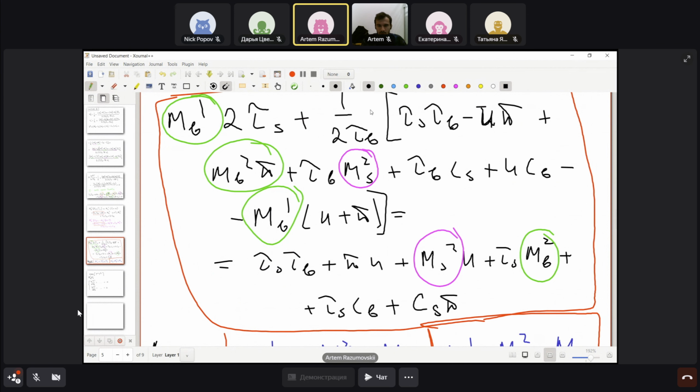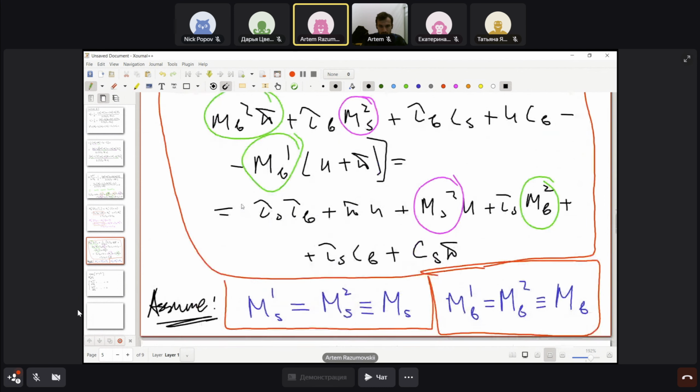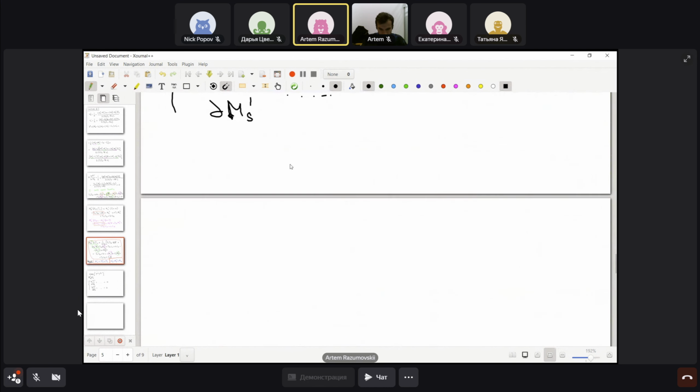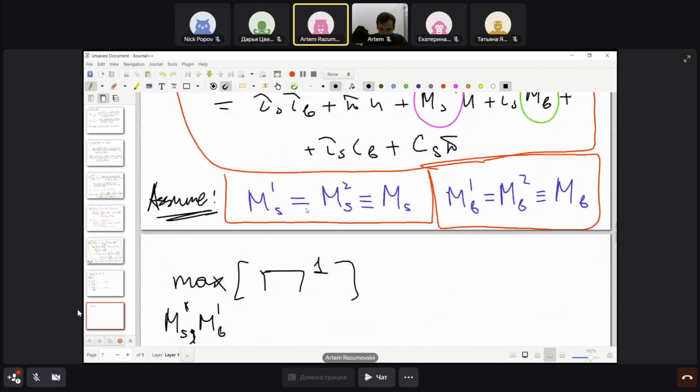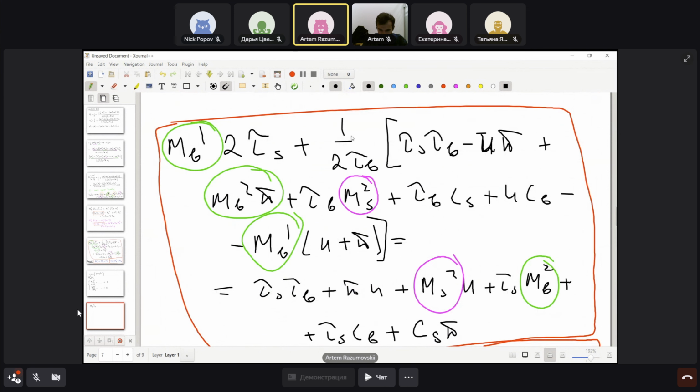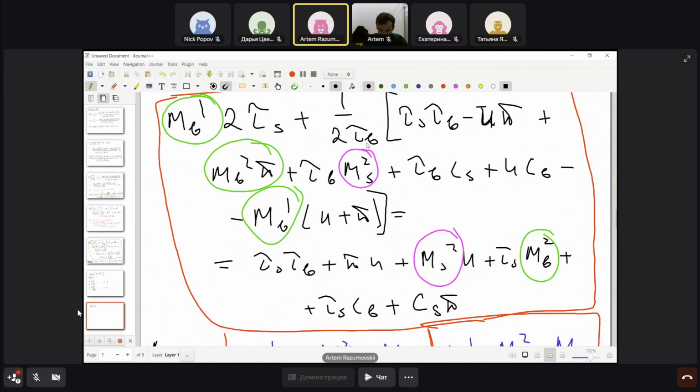So then let me rewrite. You can see that here they have price for buyers 2 tau s, and on the other side we have price for buyers tau s. So it will be just price for buyers tau s. Let me write it. Then we have 1 divided by tau b, 2 tau b.